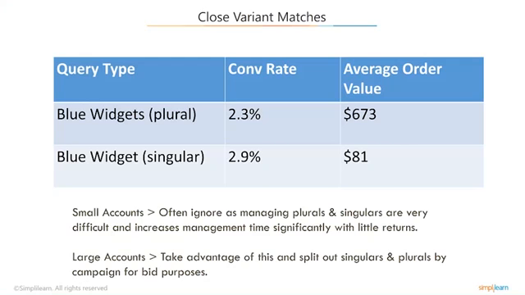Now, if you're a large account, you're spending $50,000, $100,000, $1 million a month, and you see, wow, okay, we get 100 orders of these 20 singular versus plural products a month. By splitting that out, we're going to make another $100,000 a month. It's worth actually managing that way.